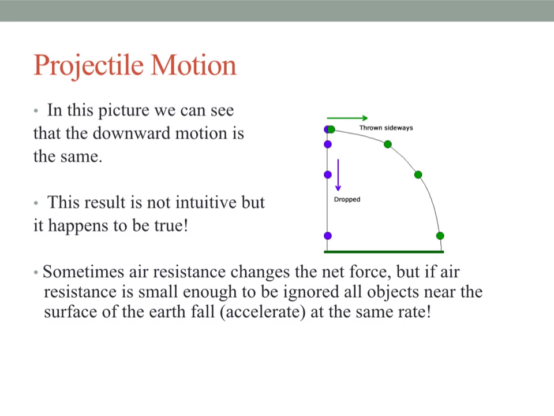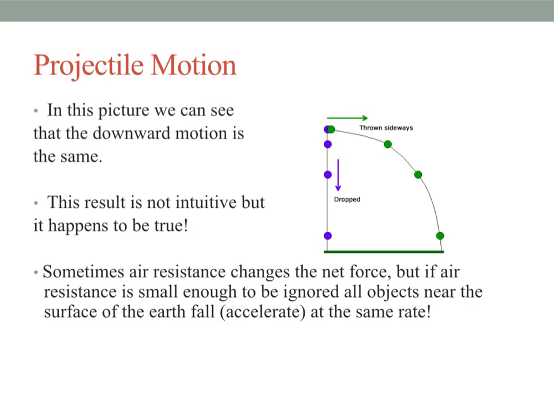Now, that is, of course, ignoring air resistance. We are ignoring air resistance, and sometimes air resistance is important. But in a lot of situations, the effect of air resistance is essentially negligible, so we don't have to worry about it. But if the air resistance is big enough to create an effect, then gravity is not the only force, and the net force would change.